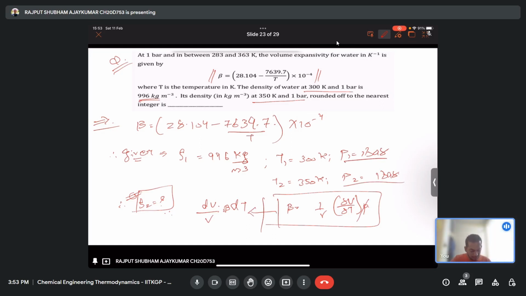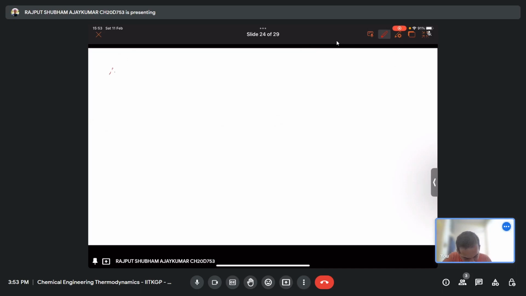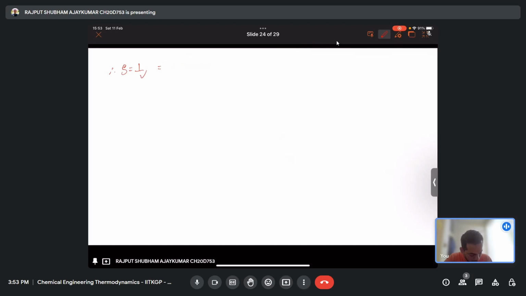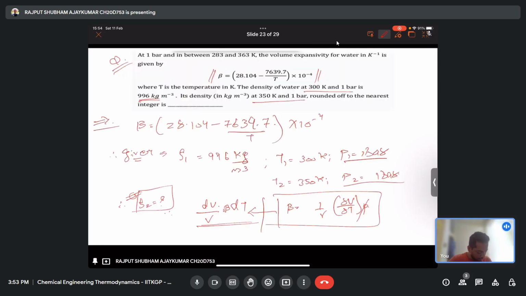So what has been given up here? Now we know that density is equal to 1 upon volume. I'm trying to simplify some of the equations, relating this equation with these two.